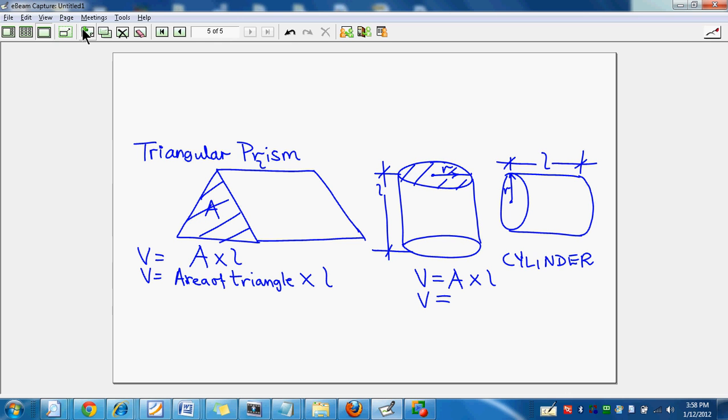So we would put area as pi r squared, and then we would multiply that by the length perpendicular to that face, given by the symbol L. So V is equal to pi r squared L. Okay, so we could write it down simply as pi r squared L would be the volume of the cylinder. Pi r squared L. The next thing we look at is the curved surface area and then the total surface area.